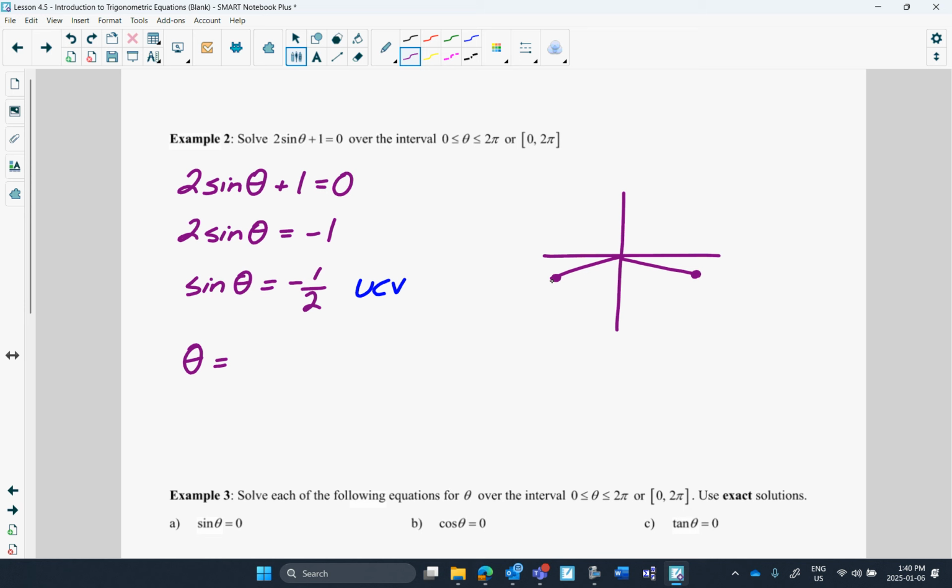So which ones are these? This one is 7 pi/6, correct. And 11 pi/6, correct. That's it, you're done.